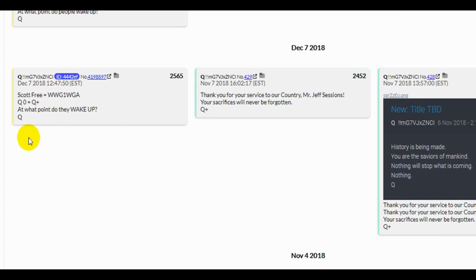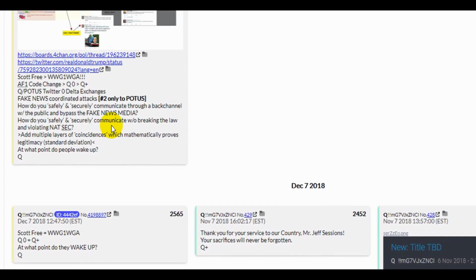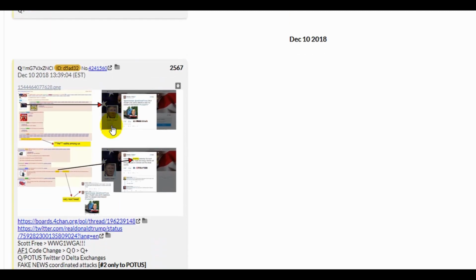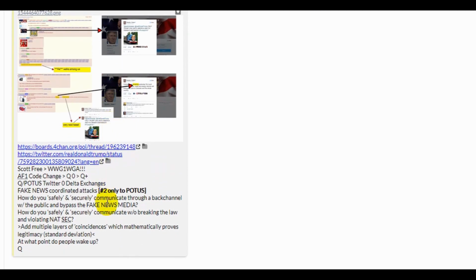Some anons had uncovered that Q naught was a numerical designation for a plane on flight radar. This is clarified further in the next post, December 10th, 2018.